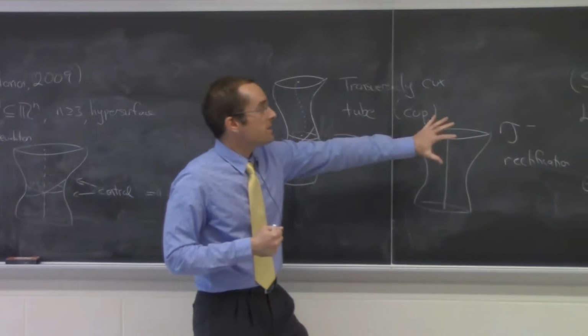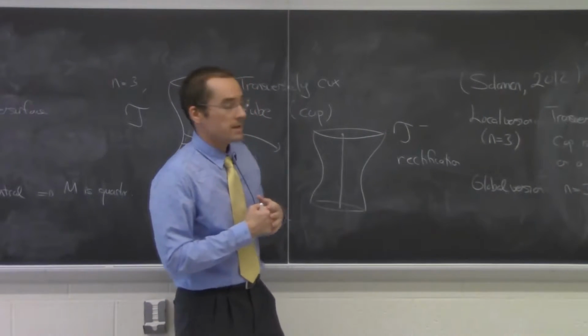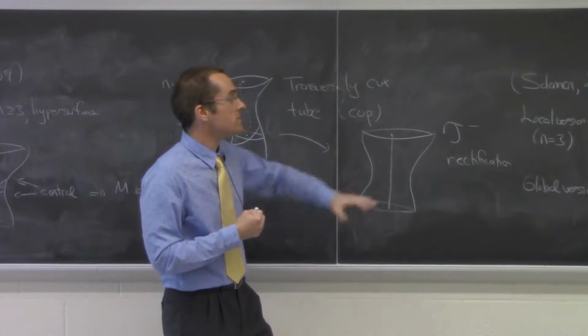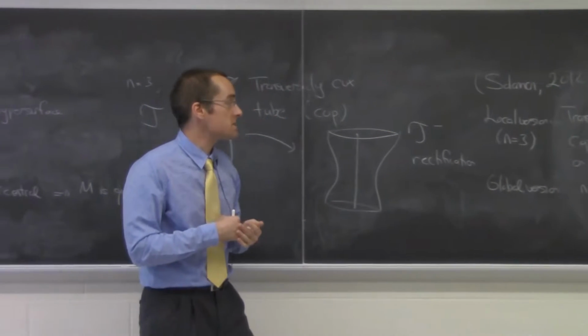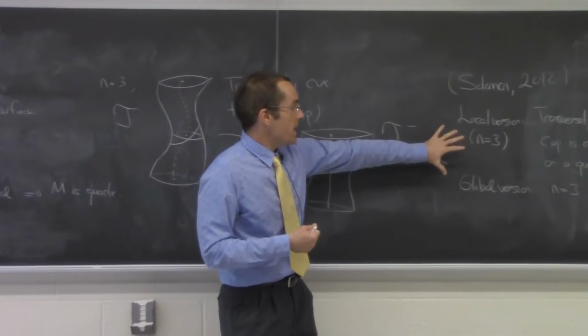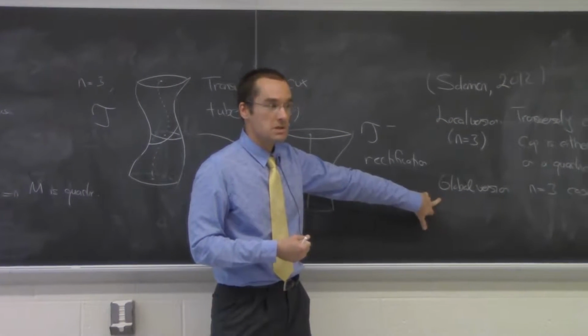Okay, and today's talk is about the local version. I will give some idea of proof of how one can do it for the local version when n is greater than or equal to 3, including 3. And just a quick word of how one can go from local to global.